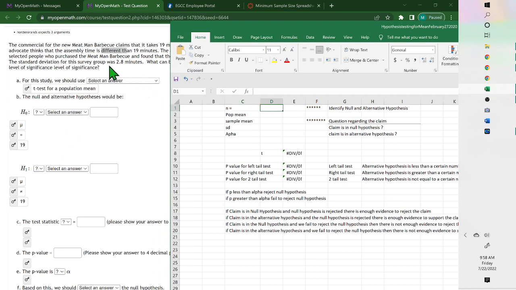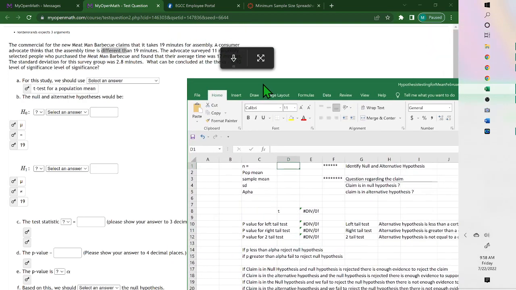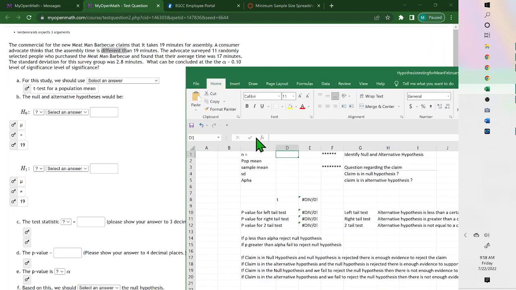N is our sample size, which was 11. The population mean, that comes from your hypothesis. It was 19. The sample mean was 17. The sample found a mean of 17.